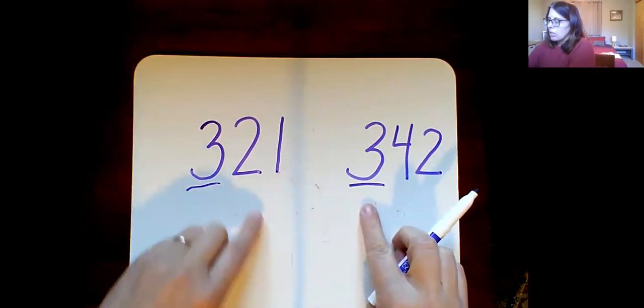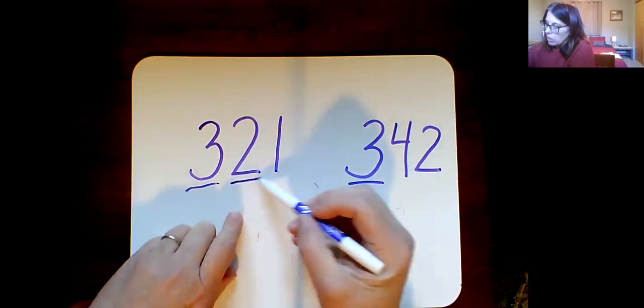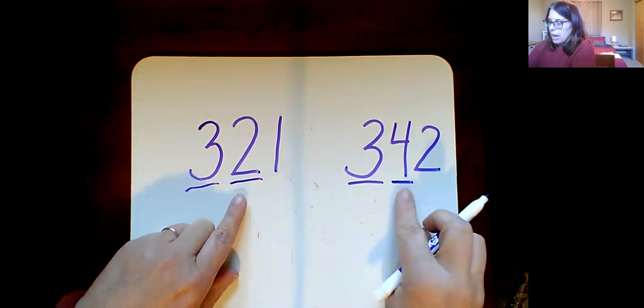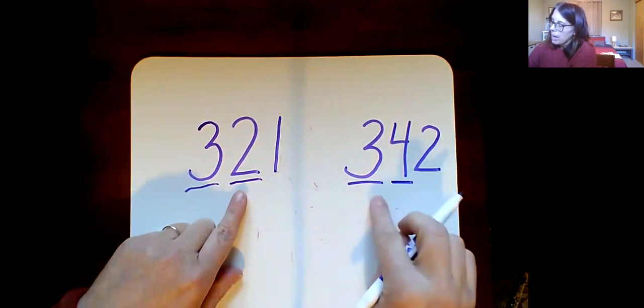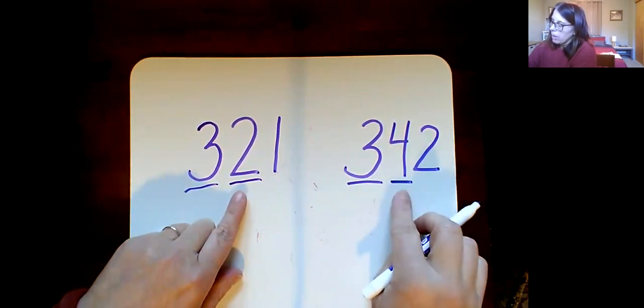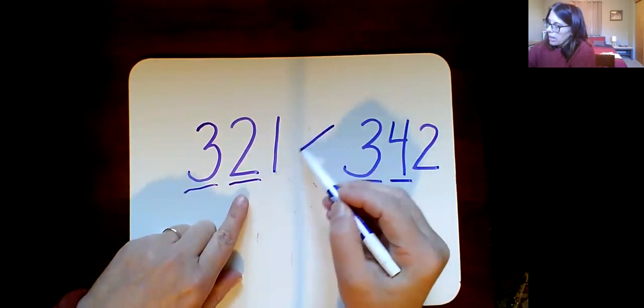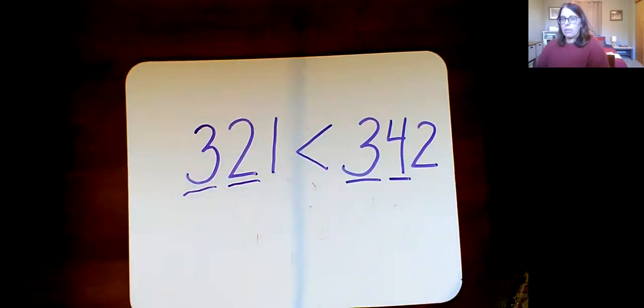So now let's go to the tens place and see. This one has a 2 and this one has a 4. Which is bigger? They're not the same. So is one bigger? 2 or 4? 4. So that automatically makes 342 the bigger number. So 321 is less, so we need the less than sign. 321 is less than 342.